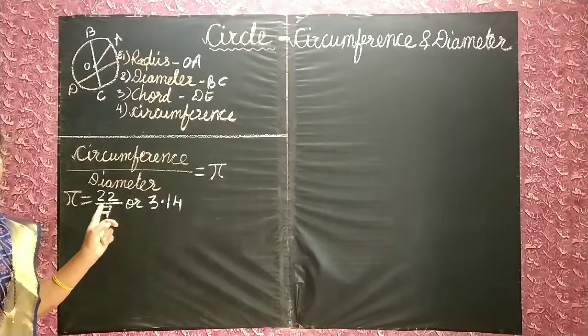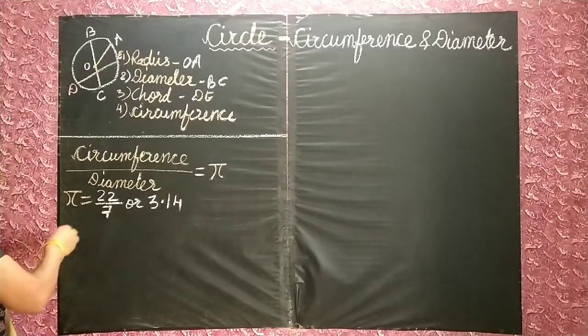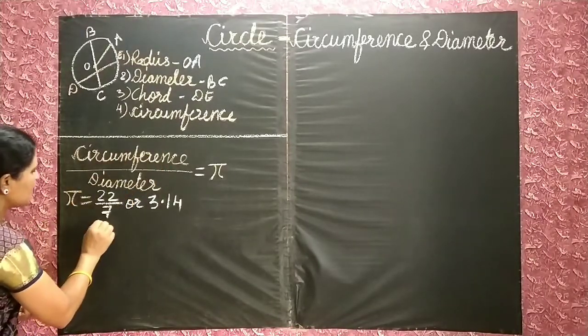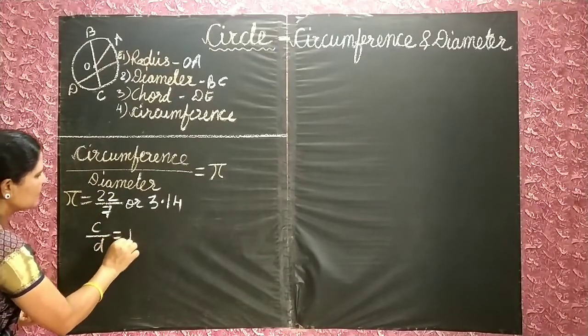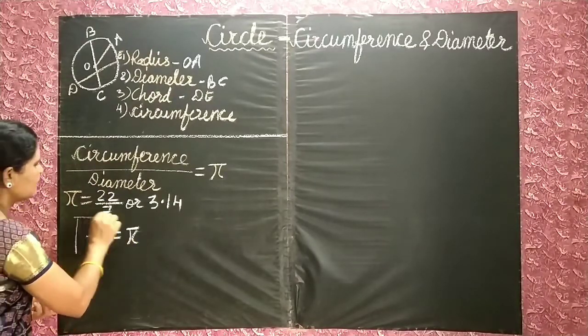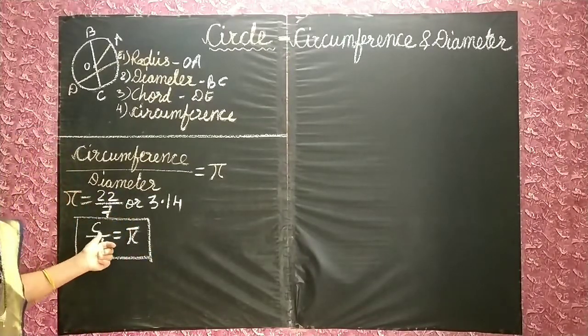Got it? So circumference C upon diameter D is equal to pi. This is the formula. You have to learn this formula properly.